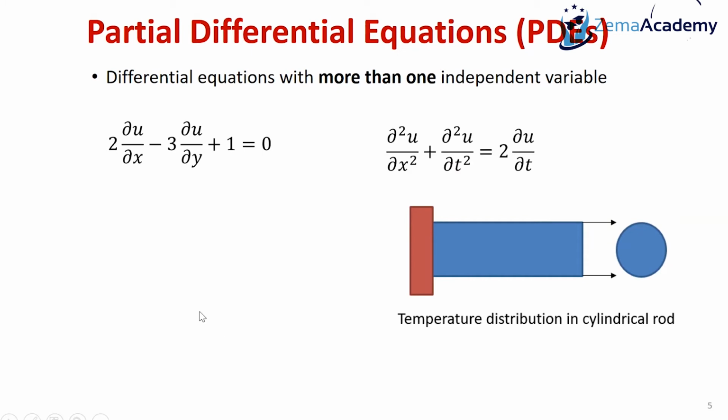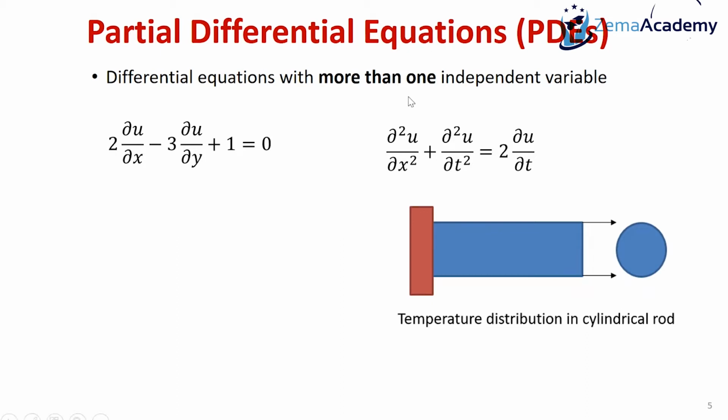Another example, I will come to the order and exponent again, in this equation that you see over here. If you look at both these equations, what I have just explained to you was, let's say that this u is actually a function of temperature.